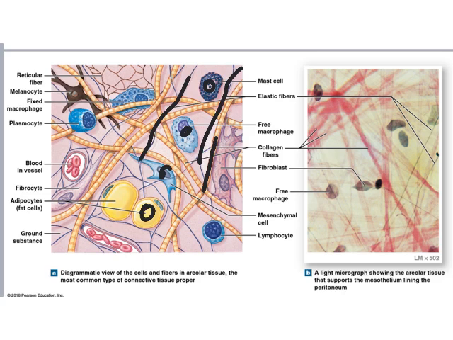And then the rest of the space, what's colored pink here in the picture, that's the ground substance. That's the more liquidy part of the connective tissue. And when I say liquidy, it doesn't always mean water.